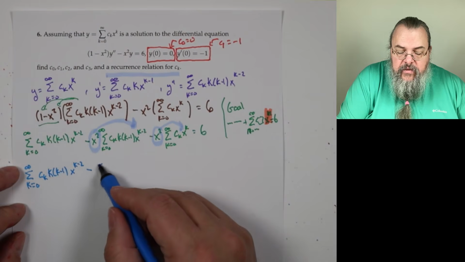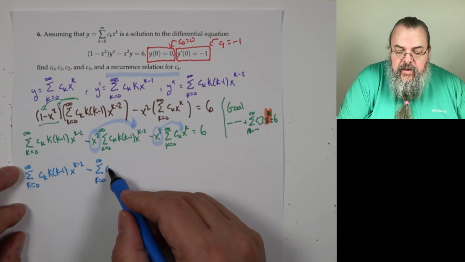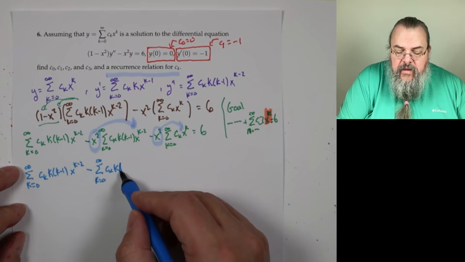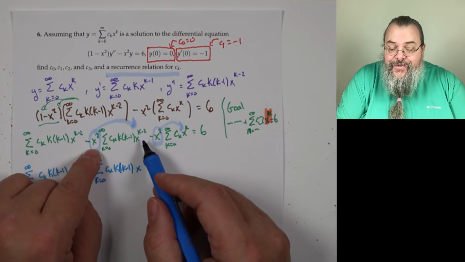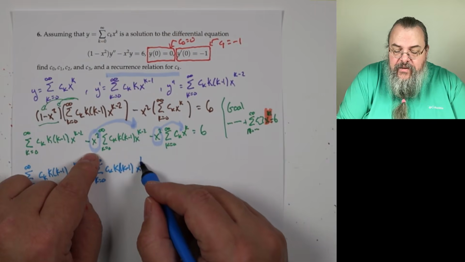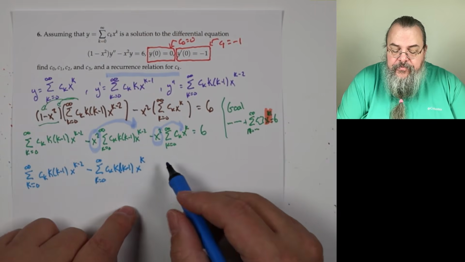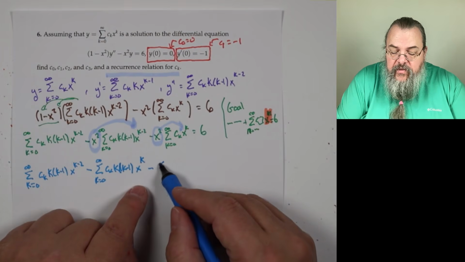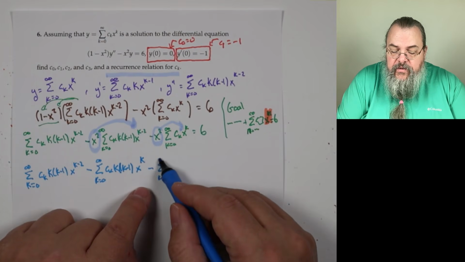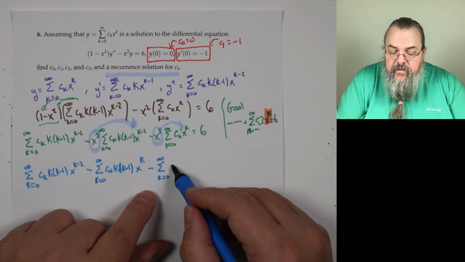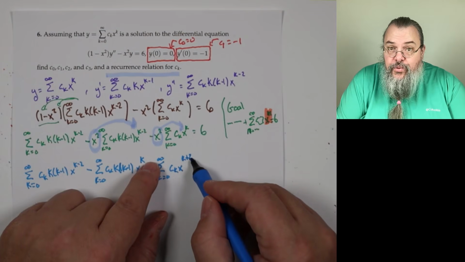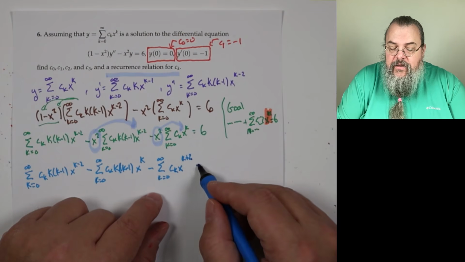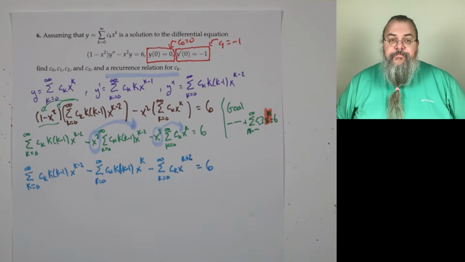Here, we'll get the sum k equals 0 to infinity, ck, k minus 1, x to the k minus 2 plus 2, right, because this comes in. So that's x to the k. Minus the sum k equals 0 to infinity of ck x to the k plus 2. And all of that still equals 6.